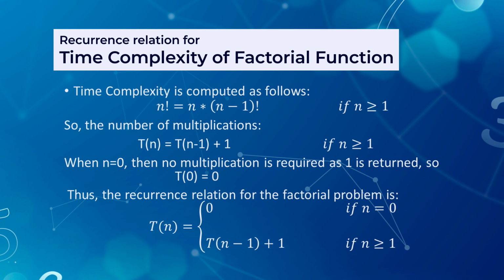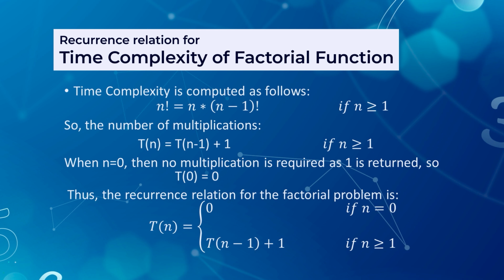So, n factorial equals n multiplied by (n minus 1) factorial. The recurrence relation for the number of multiplications is represented by T(n). Computation of (n minus 1) factorial will require T(n minus 1) multiplications. That is the simple statement. And then the multiplication between n and whatever value we obtain for (n minus 1) factorial is one multiplication.